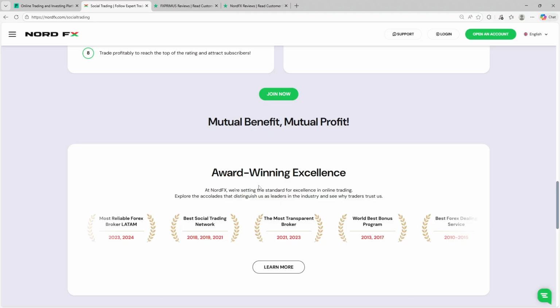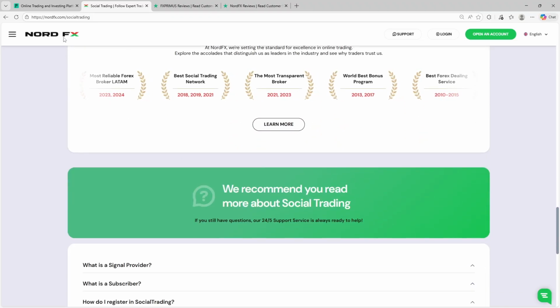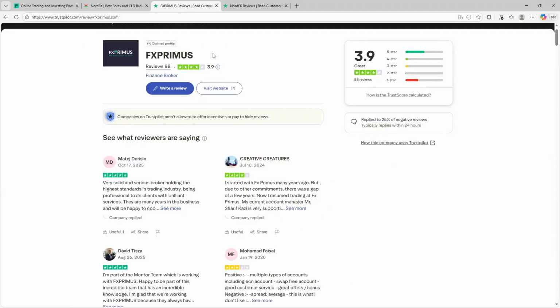In terms of user feedback, FXPrismus currently holds a Trustpilot rating of 3.9 out of 5, with customer comments frequently highlighting professionalism, long operational history, responsive account managers, and solid execution quality. Some users note average spreads on certain accounts as a drawback, particularly when compared to zero spread alternatives.